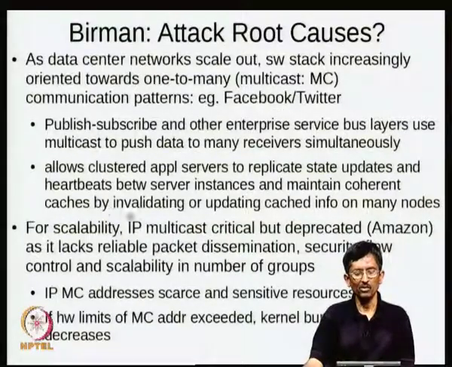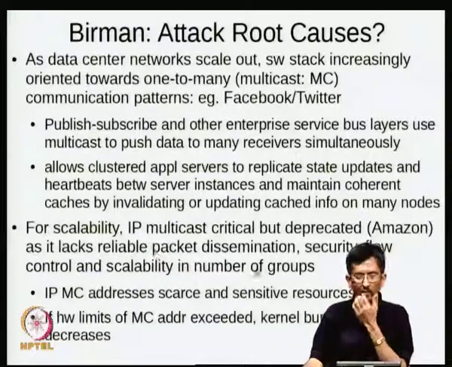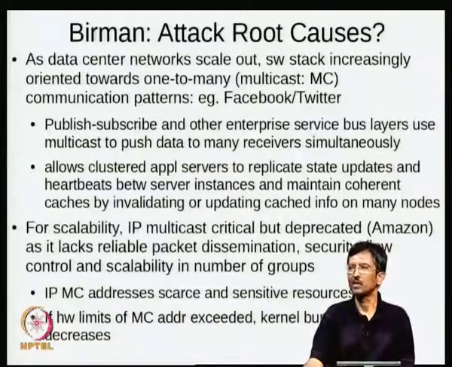But the issue is that if you want to do this particular kind of multicast, it turns out while it is necessary, it has certain problems. Okay. For example, it doesn't have flow control. That means that it can essentially push the system into very unstable situations.